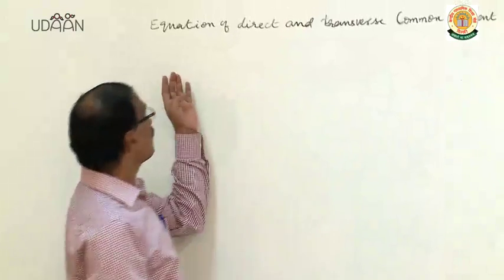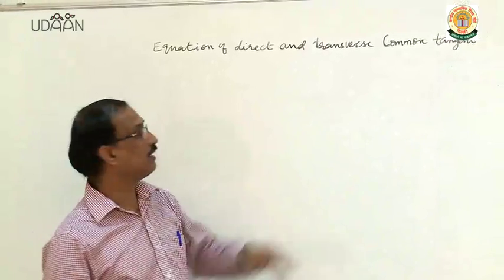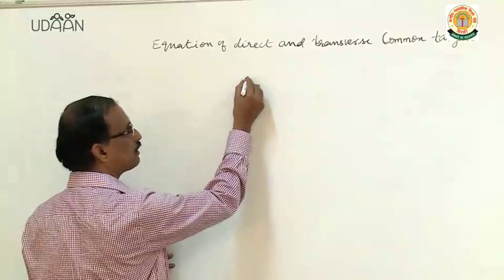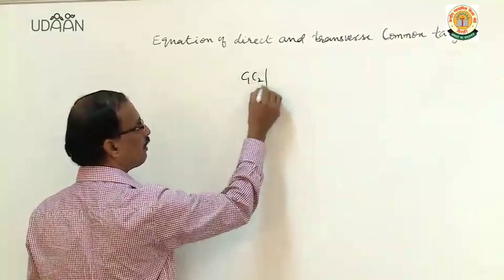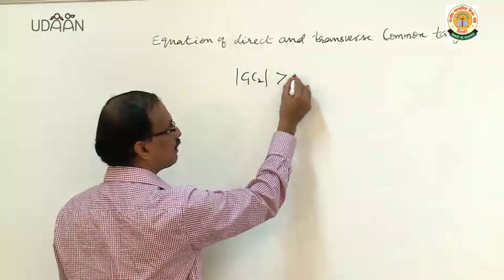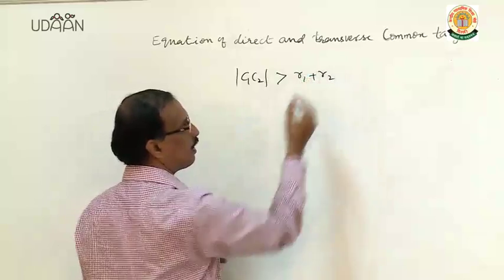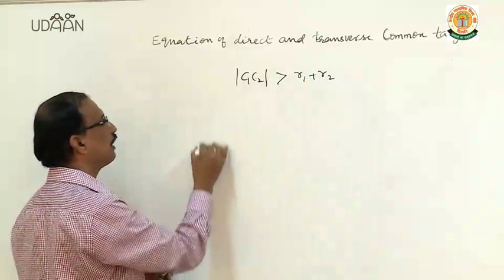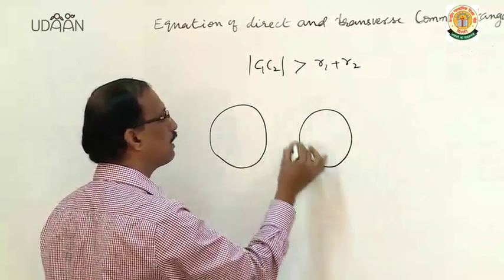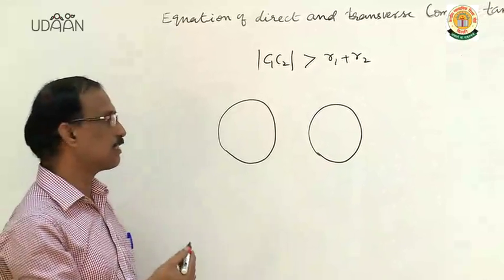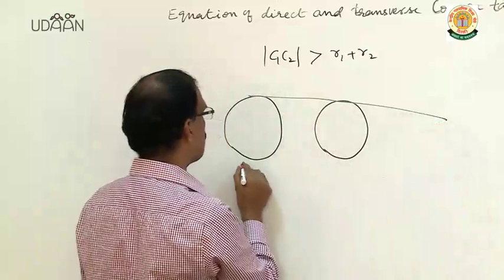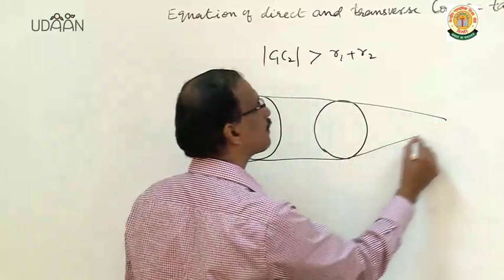Now, the equation of the direct and transverse common tangents, how can we get that? Already you know that if the distance between the centers C1C2 is greater than R1 plus R2, then the two circles lie on the same plane, but they never meet, intersect or touch. So in that case we get two direct common tangents.